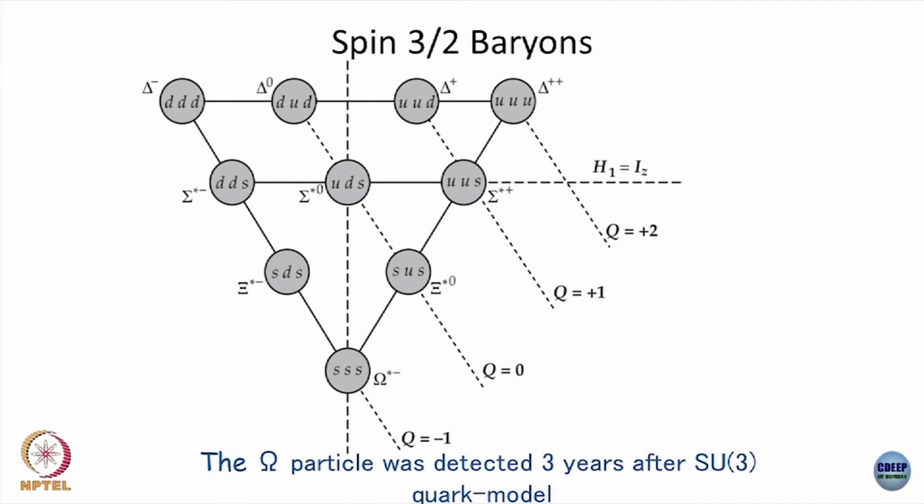He wanted to fit this data by using the SU3 group. When he was trying to do it, he got 10, that is this 10 on the board, but the experimentalists did not have this omega particle, and he said that you have not detected it, you better go and check for it.